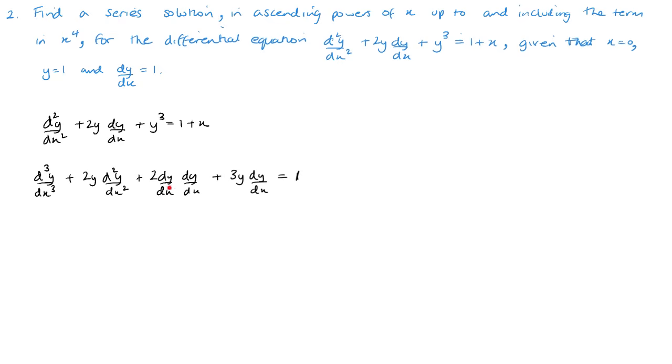And since I've got dy by dx times dy by dx, not to confuse that with d2y by dx squared, this will just be dy by dx all squared. It's not the second derivative, it's the first derivative squared. So I'm just going to replace that there.